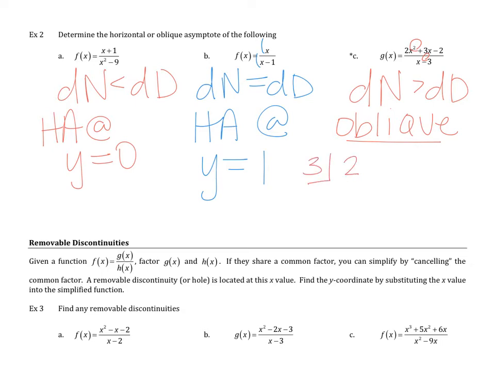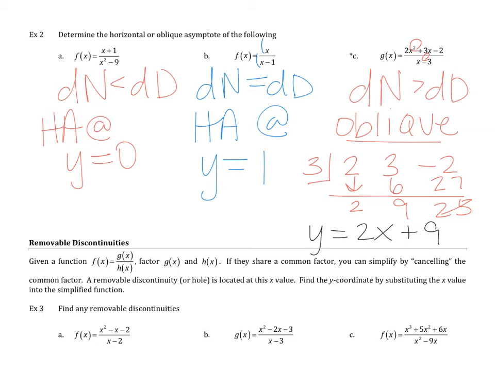And we have 2x squared plus 3x minus 2. So when I carry down my 2, 2 times 3, 6. 3 plus 6 is 9. 9 times 3 is 27. And negative 2 plus 27 is 25. So we disregard the remainder, but our oblique asymptote is going to be at y equals 2x plus 9.